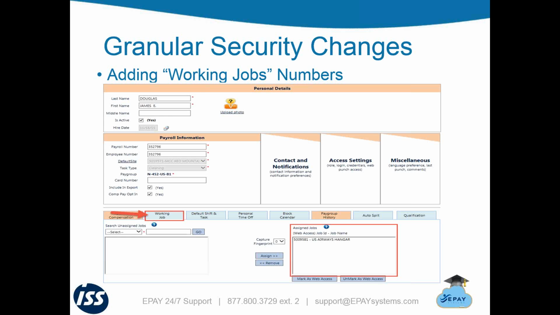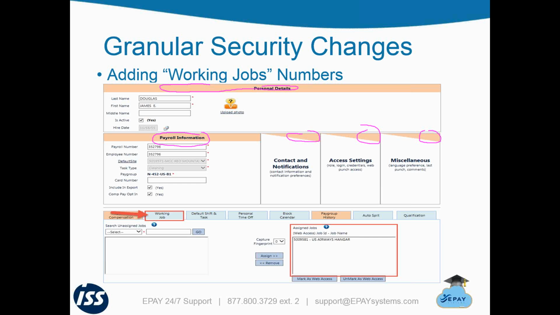You will see that I can now go into my working jobs section of my screen. One of the things I think I mentioned two weeks ago, that you may notice on your screen now, is that you have little colored areas. Anything in orange headers, that orange or peach color, those are locked areas.